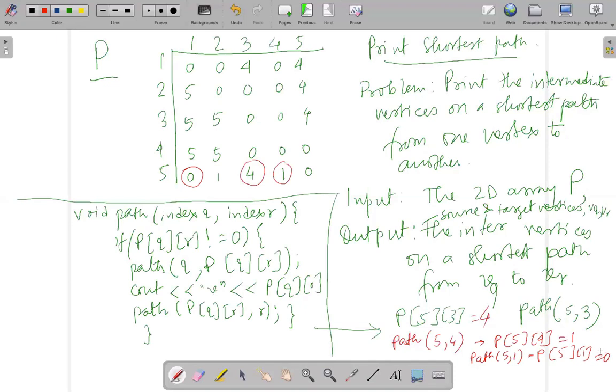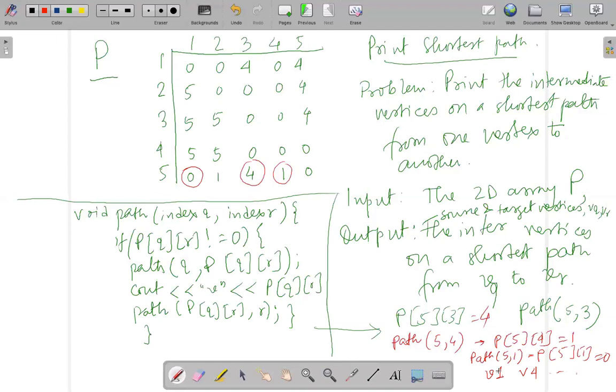Therefore we get to print V1 and V4 consecutively. Then you will go to the other side of the path call and you will see that all of them are yielding zeros, and therefore you do not need to print anything else.